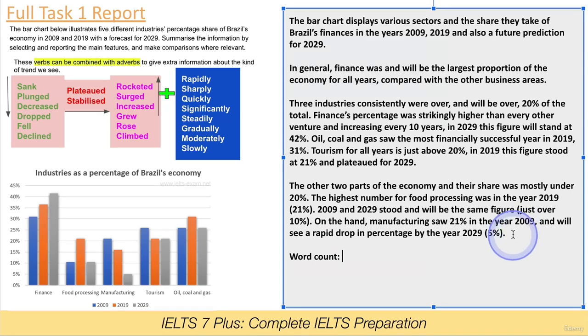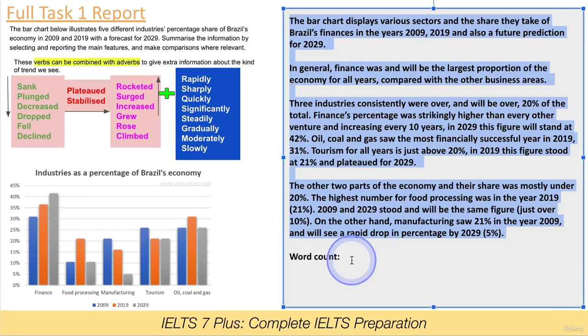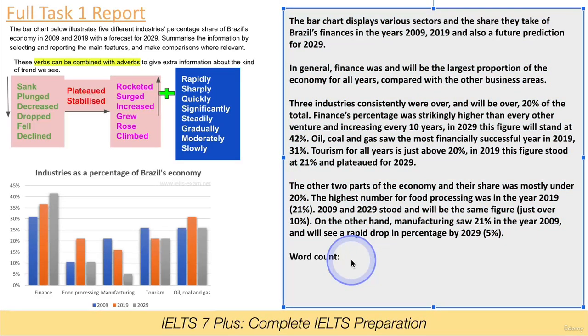For this, we're looking for a minimum of 150. All right, so that comes to 176 words. So a bit over the 150 minimum, but there is no upper limit. So if you're a fast writer or typer, then you have that time and you can write as much as you can, really.